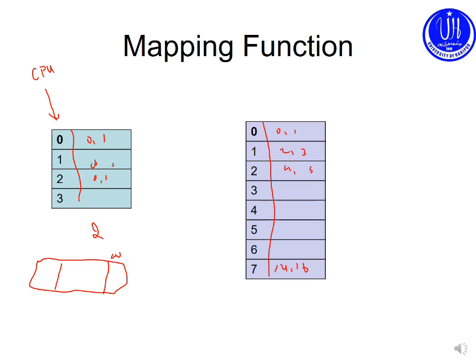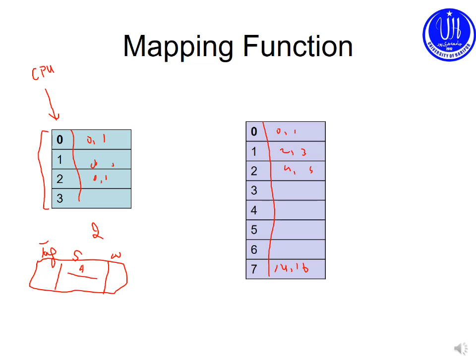The next S bits are used for unique identification of cache lines. For example, we have 4 cache lines, so at least 2 bits are required. If it's 16, then at least 4 bits are needed to identify cache lines. And the rest is the block number, used as the tag. So this was an overview of direct mapping.